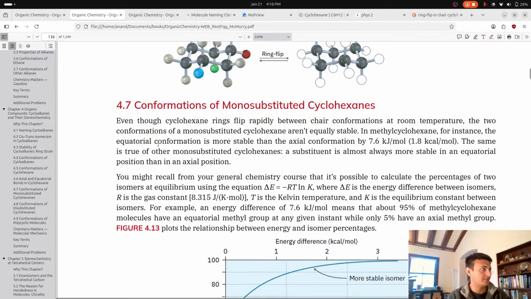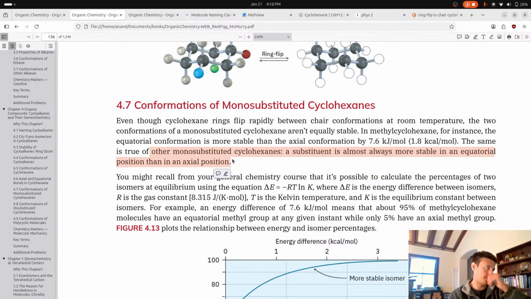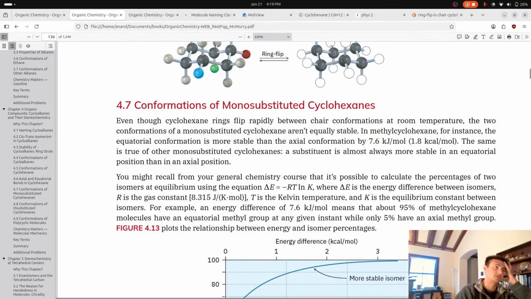The same is true of other monosubstituted cyclohexanes. A substituent is almost always more stable in an equatorial than an axial position. I mean, that kind of makes sense.